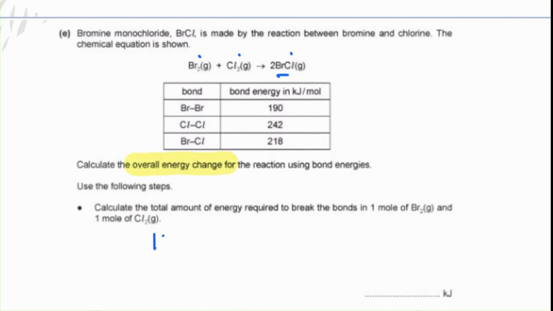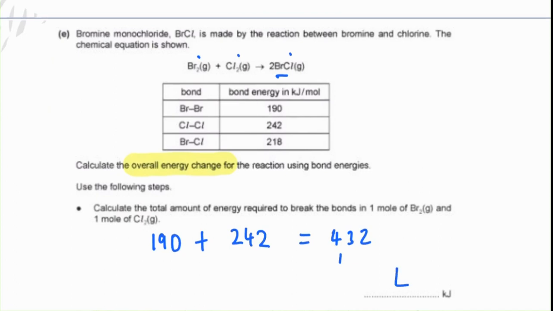So it's 190 kilojoules for every mole. And for chlorine, it's 242 for every mole. So 190 plus 242 is 432. So we're looking at 432 kilojoules to break those bonds.